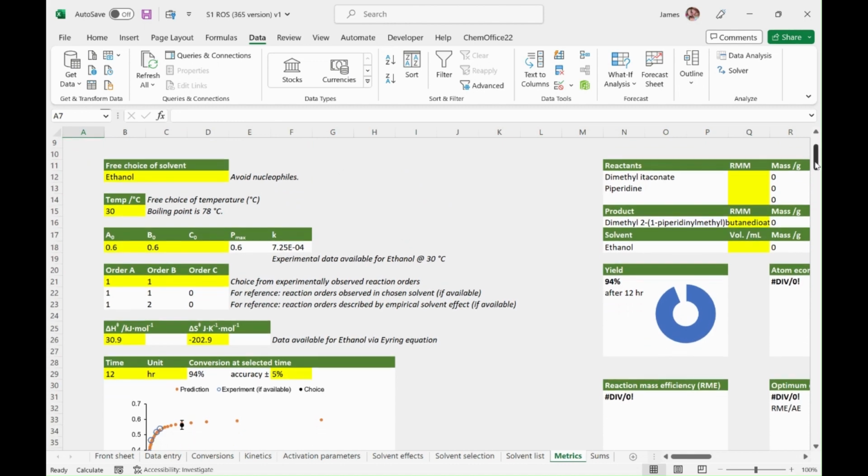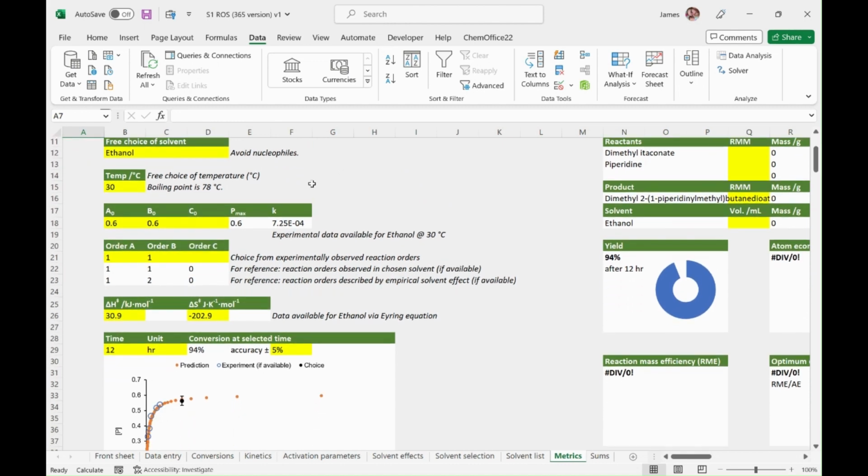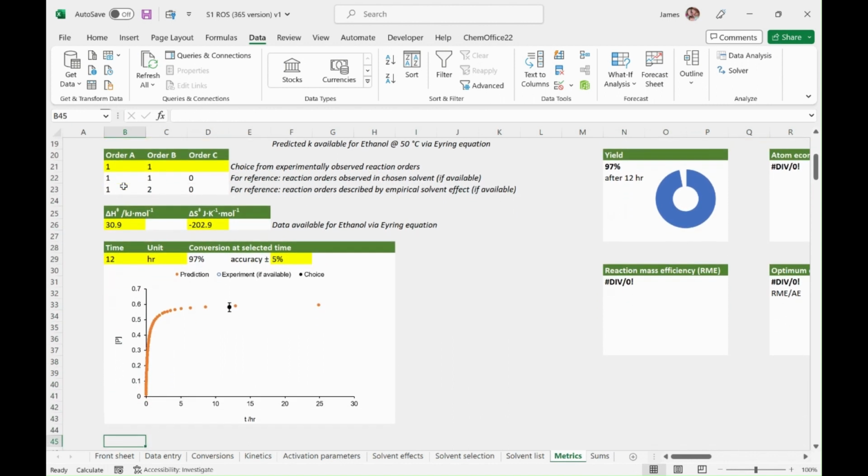I can then go on to investigate other situations. So I could screen different solvents based on the solvent effects that we looked at before, or I can change the temperature. If I increase from 30 to 50 degrees, then I lose my experimental data set because we no longer have corresponding experimental values, but I can see how that would change the rate of reaction.